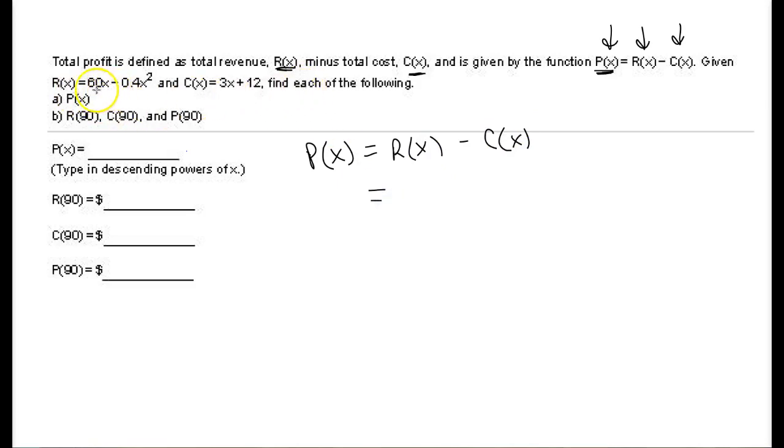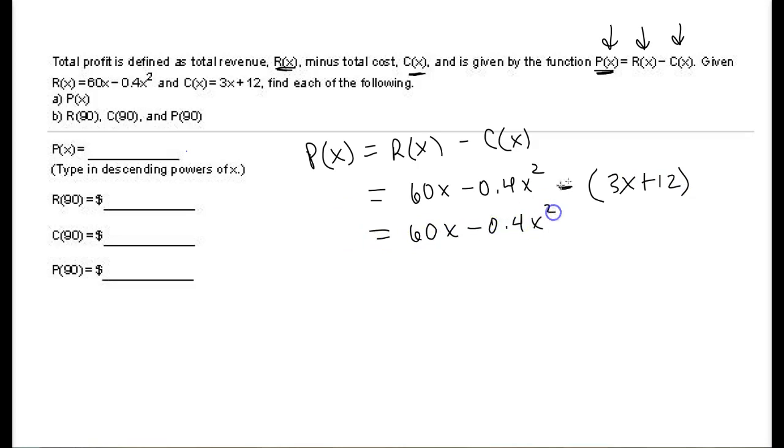So our revenue function is 60x minus 0.4x squared minus, and here, since we're subtracting the cost, and the cost is 2 terms, we have to put that in parentheses. And by doing that, there's an understood -1 in front that we're going to distribute to both terms, which makes both terms negative.